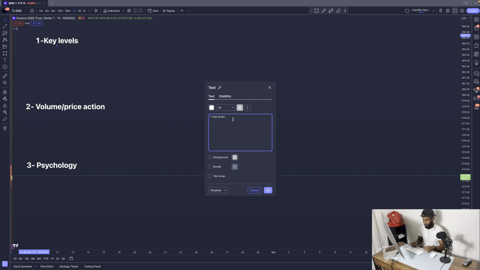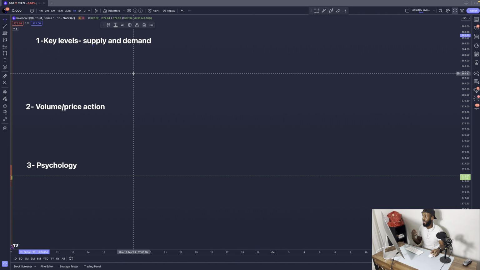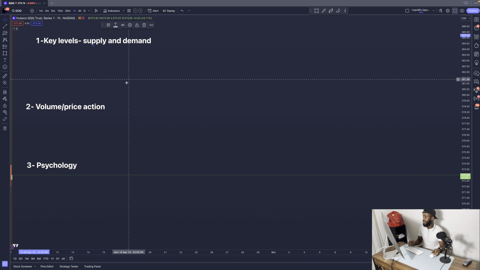So you need to find an indicator that will give you reliable key levels of supply and demand. It will show you areas where there has been lots of buying pressure and areas where there has been selling pressure. It doesn't matter what the indicator is. It doesn't matter if you are able to find it yourself. It doesn't matter if you are using volume, but something that will help you find supply levels and demand levels.